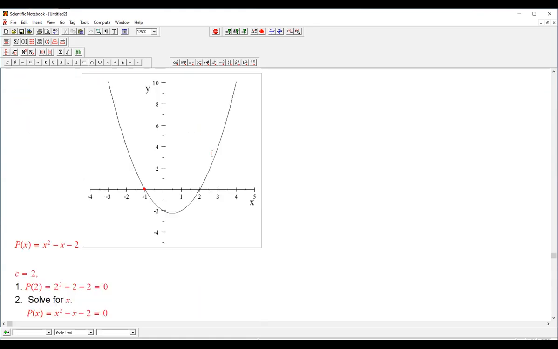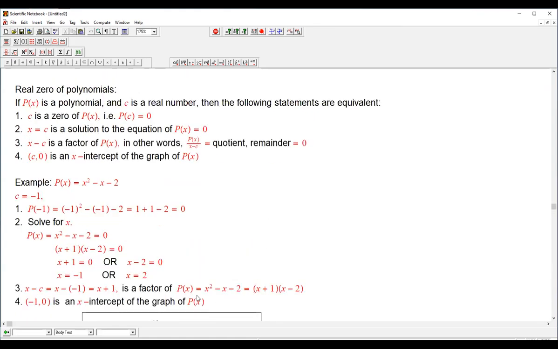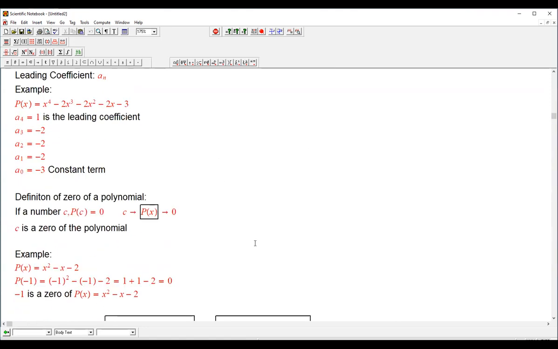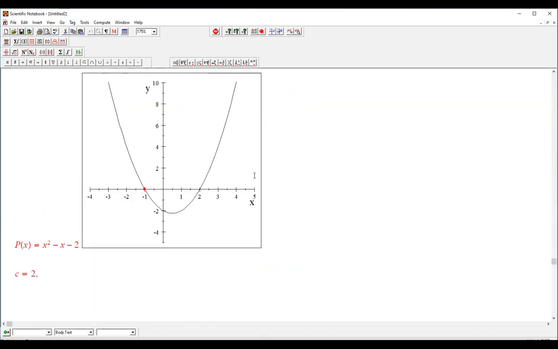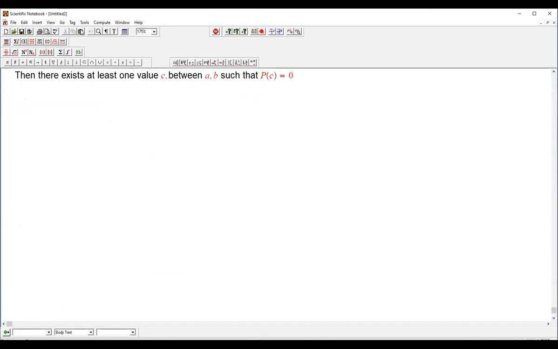Take another example. We've been using this example too many times. Let's take another example. I'm going to take this example over here. So I'm going to arbitrarily choose two numbers. Say -2. I'm choosing numbers randomly. So I'm going to choose A equals -2.